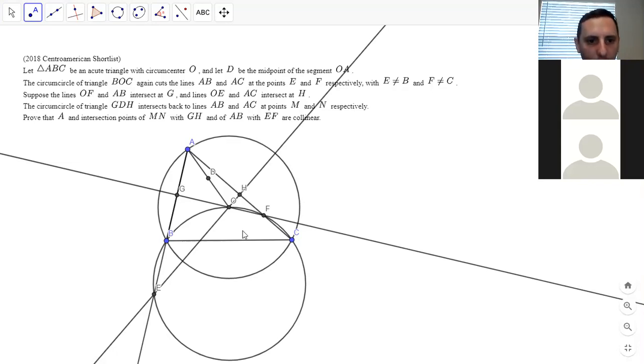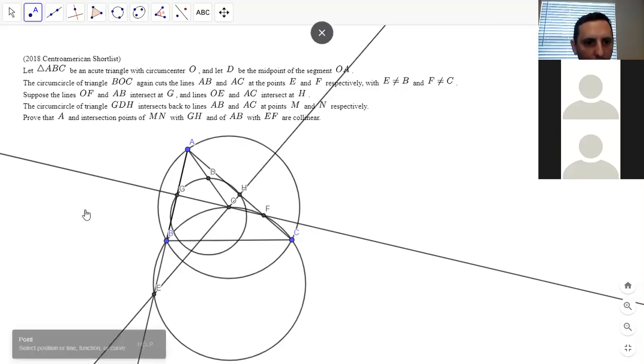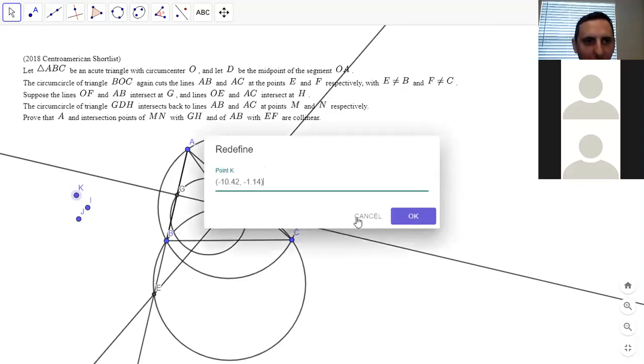The circumcircle of GDH intersects AB and AC again. So it intersects AB at M. Just being lazy, sorry.